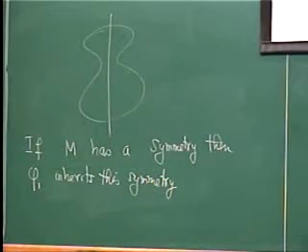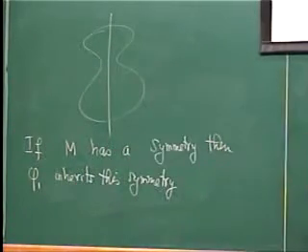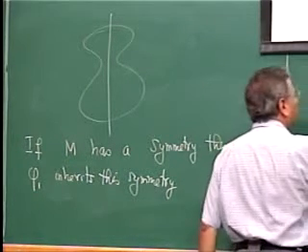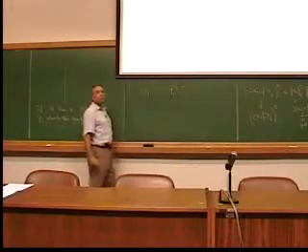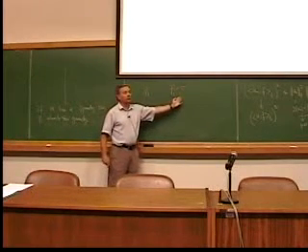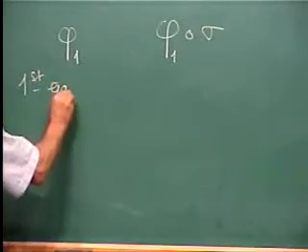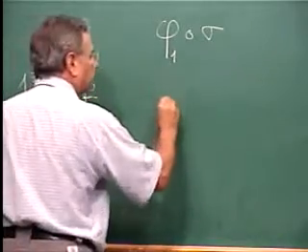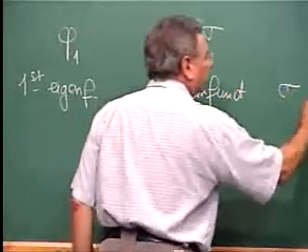Well, why is that true? Just because if you have a symmetry, when you compose, so you have phi 1, now you have your symmetry, let me call it sigma. Because the Laplacian is a natural operator, this tells you that this also must be an eigenfunction, because sigma is an isometry.